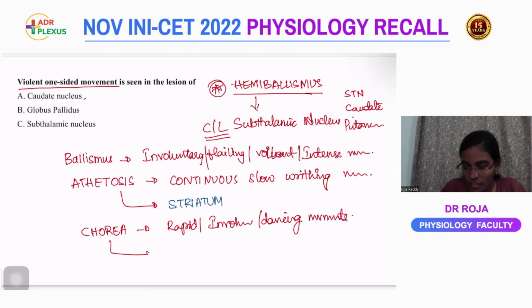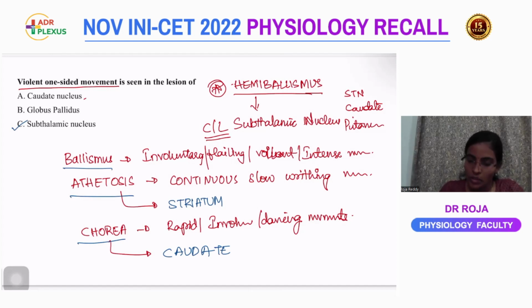And this is seen in the lesion of the caudate nucleus. Okay, so these are the various involuntary movements which are seen in the lesions of the basal ganglia. So the answer for this is the violent one-sided movement, that is hemiballismus, is the lesion of the subthalamic nucleus.